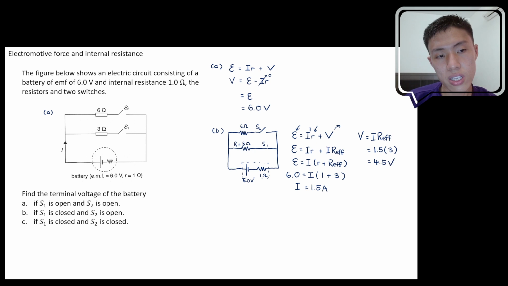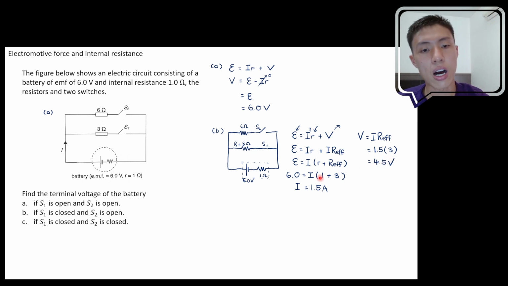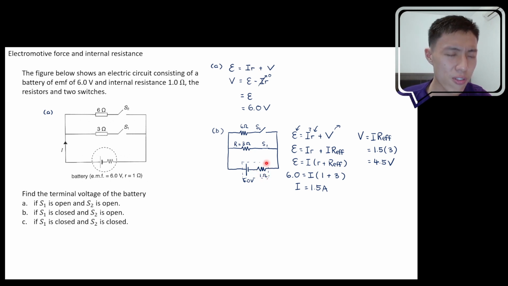Okay, so this is the amount of energy that 1 coulomb of charge can supply to the external circuit outside the battery. So that means 4.5 volt of the 6 volt will be given to the circuit outside. Whereas if you take 6 volt minus 4.5 volt, you have 1.5 volt, right? That 1.5 volt is the energy that 1 coulomb of charge will lose inside the battery.